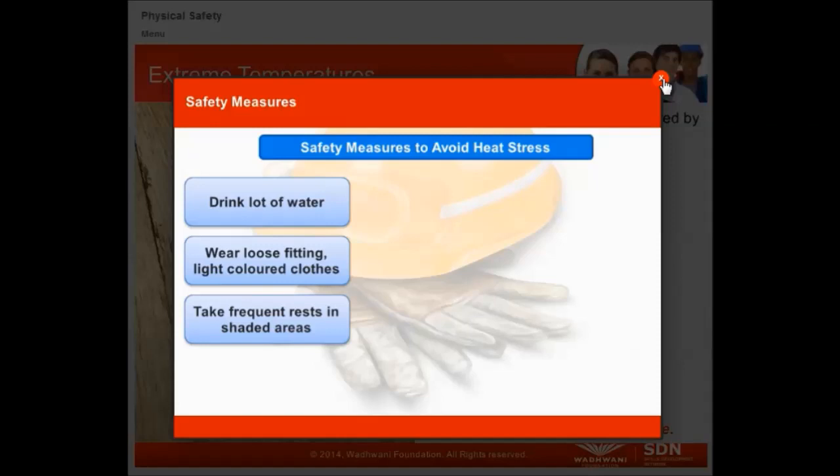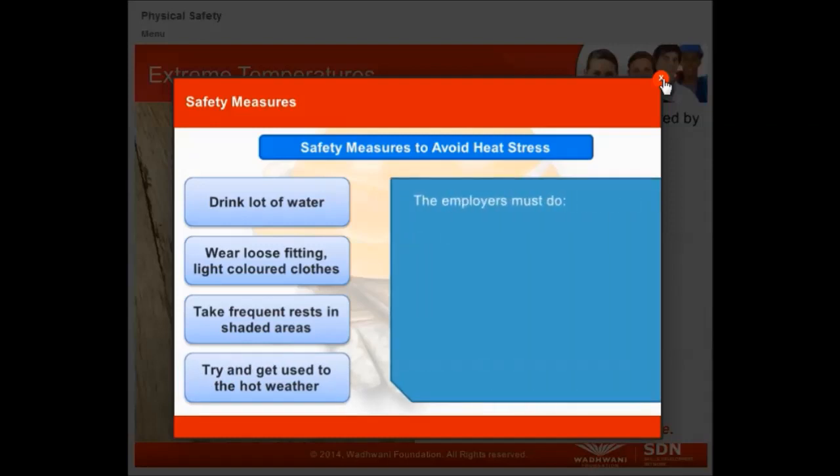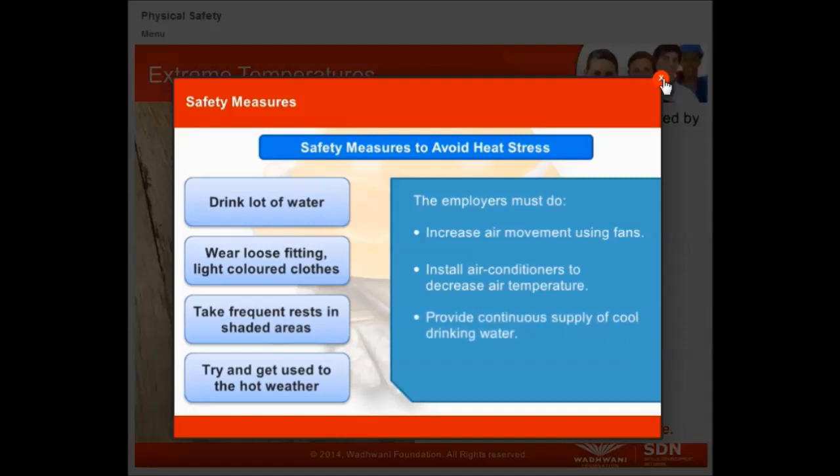If possible, do not overexert. Try and get used to the hot weather. The employers must do the following to help their employees working in extreme heat conditions: increase air movement using fans, install air conditioners to decrease air temperature, provide continuous supply of cool drinking water.